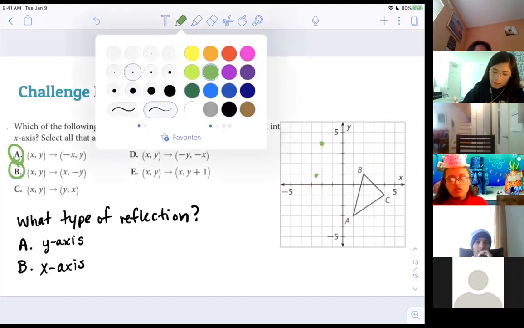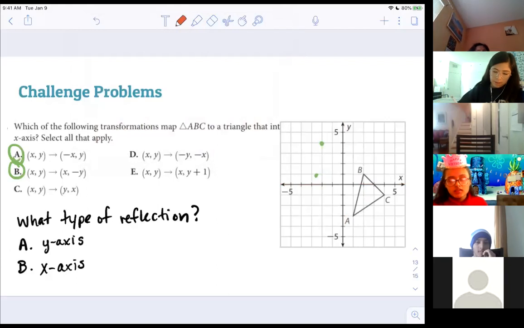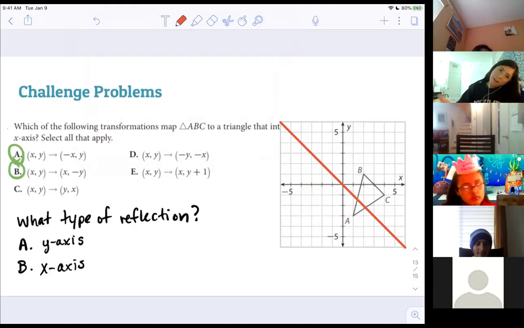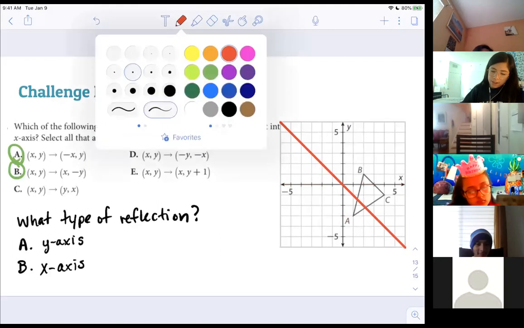Next, for D, we're doing a reflection over the other line, y equals negative x. And I know that because it's a flip and a switch. What about here? Visualize it, turn your head, flip it over. Am I going to be ending up touching the x-axis?